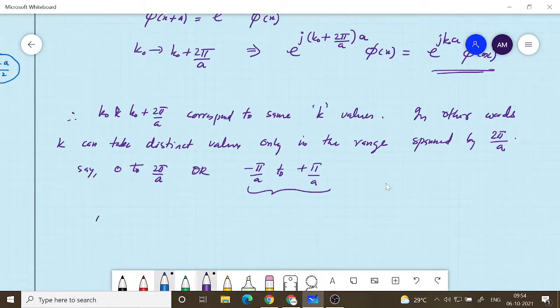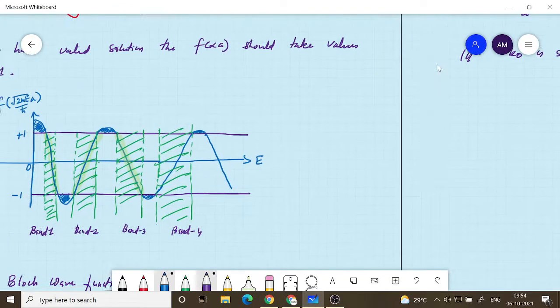Similarly, k naught is the same as, say, 4 pi by a, 6 pi by a, etc. So there is a periodicity with respect to the value of k. So k cannot just simply go on increasing, and this is also evident from our diagram here.